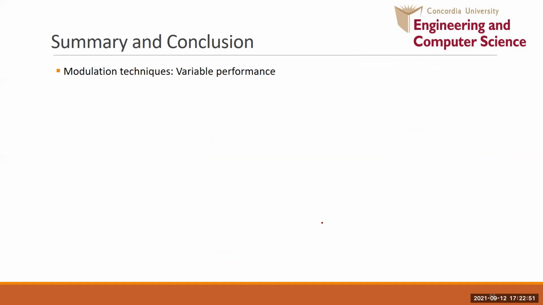So the modulation techniques we have seen in DC to AC inverters, or say DC to DC converters, with duty cycle modulation and phase shift modulation, can give you variable performance, better performance, and soft switching extension is possible.